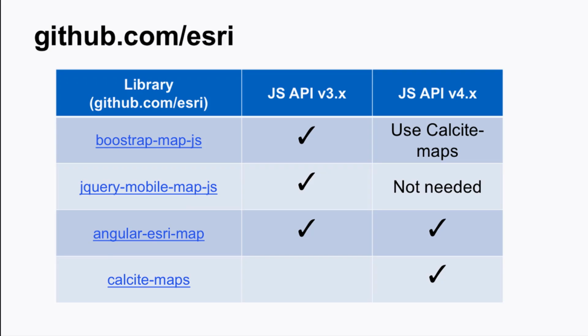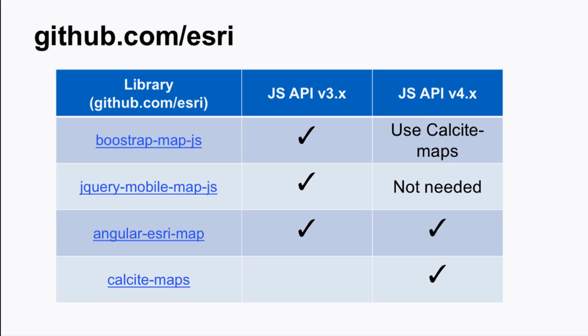Just to give you an idea of some of the repos that are out there, and there are also community repos by people like you that are publishing repos. These are at github.com/Esri. I've checkboxed which ones work with the JavaScript API version 3 versus version 4.